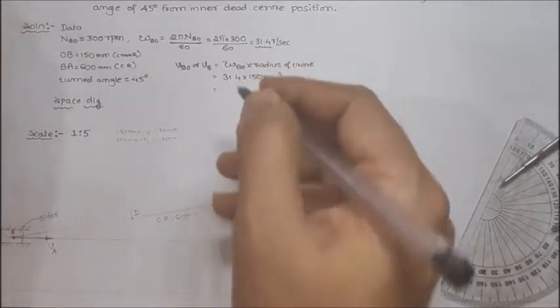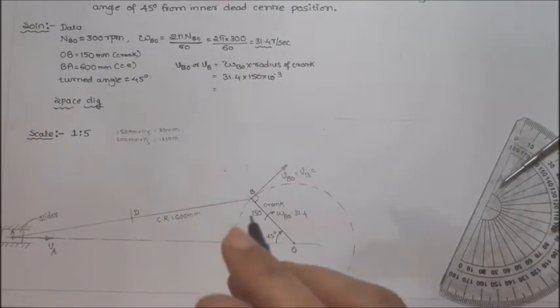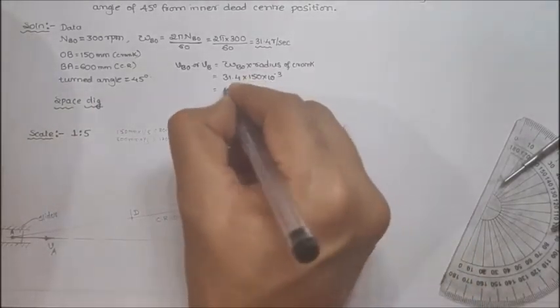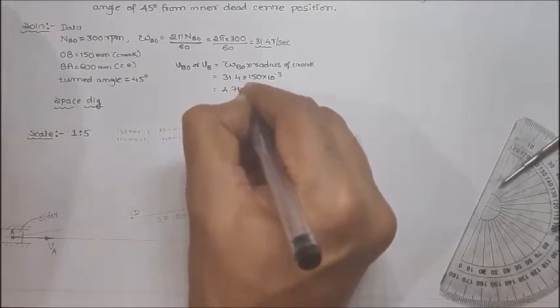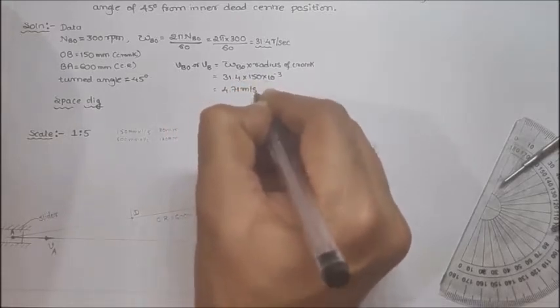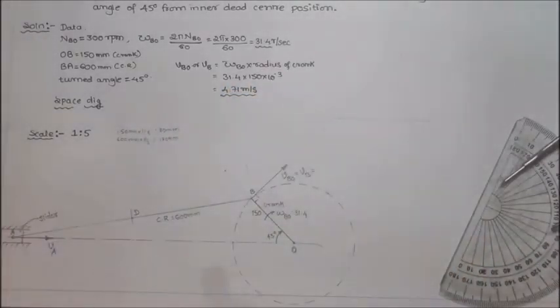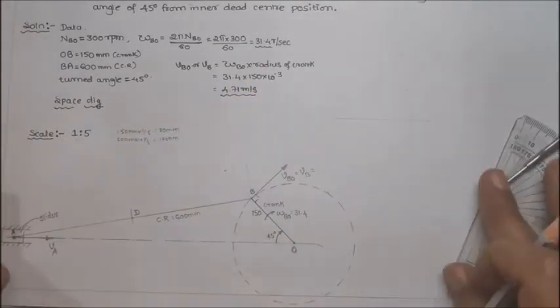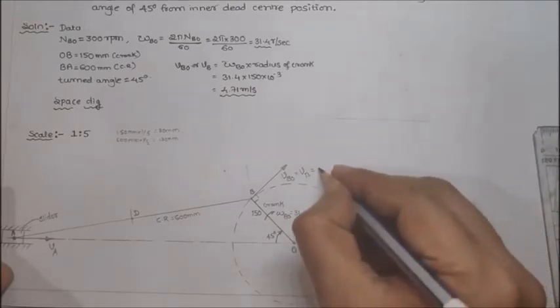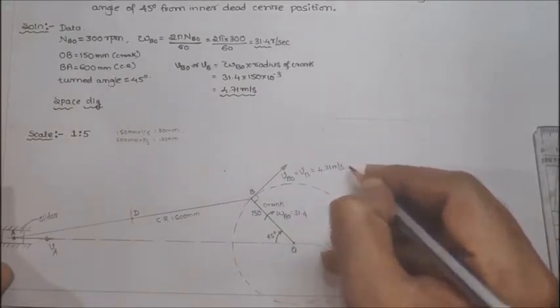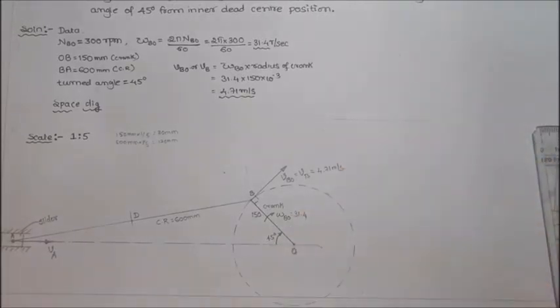So here we'll get the answer 4.71 meters per second. Highlight that one. Here you can write it as 4.71 meters per second.